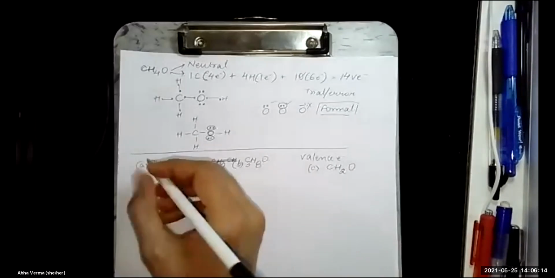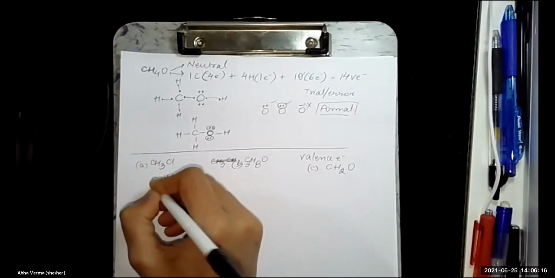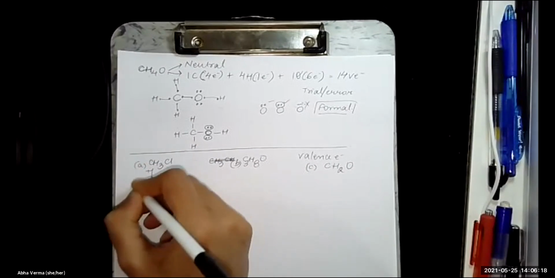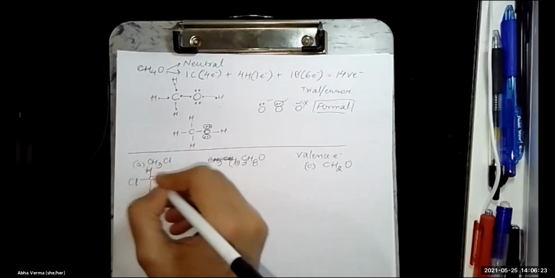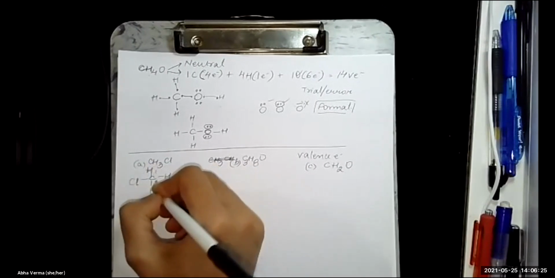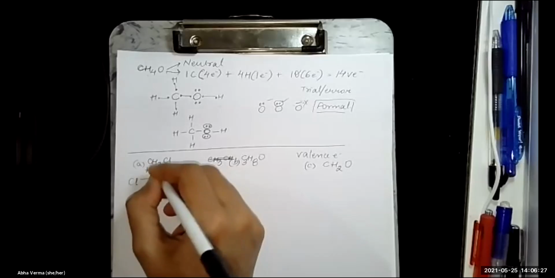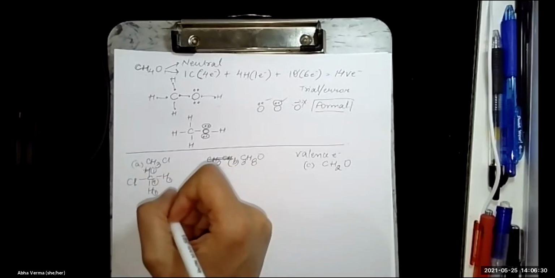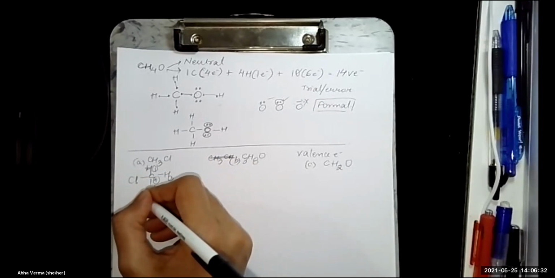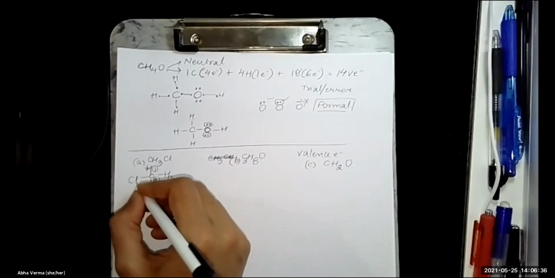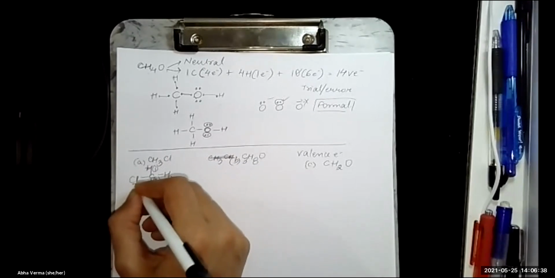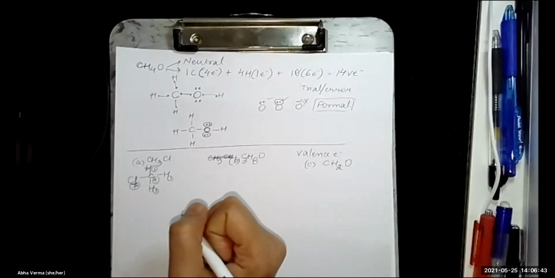So this carbon and this chlorine, carbon has 4, hydrogens have 1, and chlorine has 7.